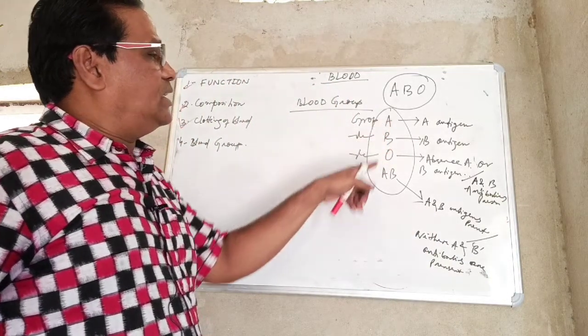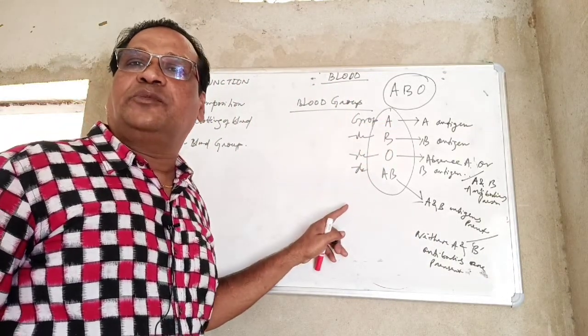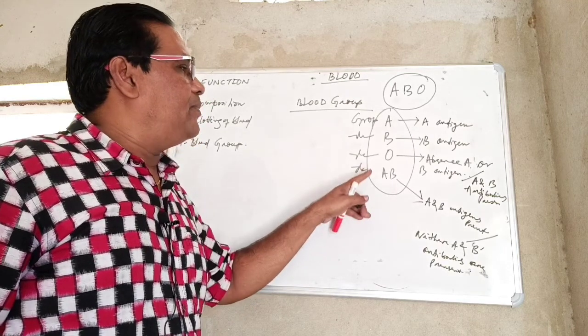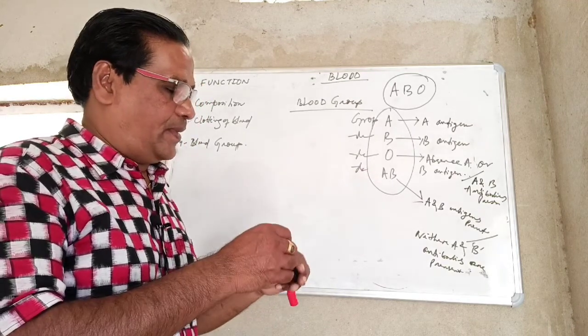So these are the different proteins present in groups A, B, O and AB.